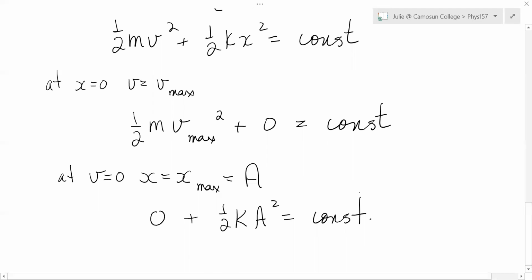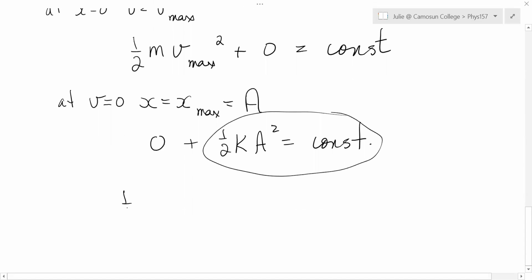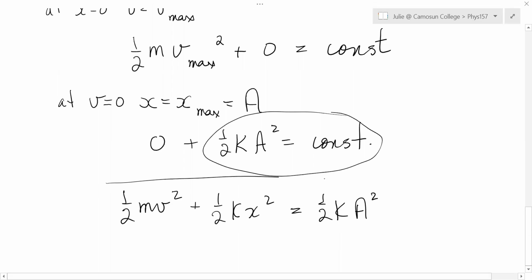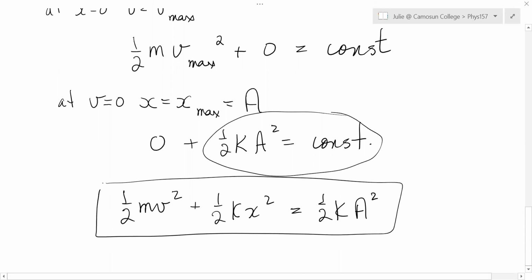Oftentimes they're going to use this. And so they're going to write conservation of energy in general as 1/2 mv squared, any old v, plus 1/2 kx squared, any old position. And that's going to be the constant 1/2 ka squared. That's a very handy equation, actually, for conservation of energy. And that will come in handy for a lot of the formulae.